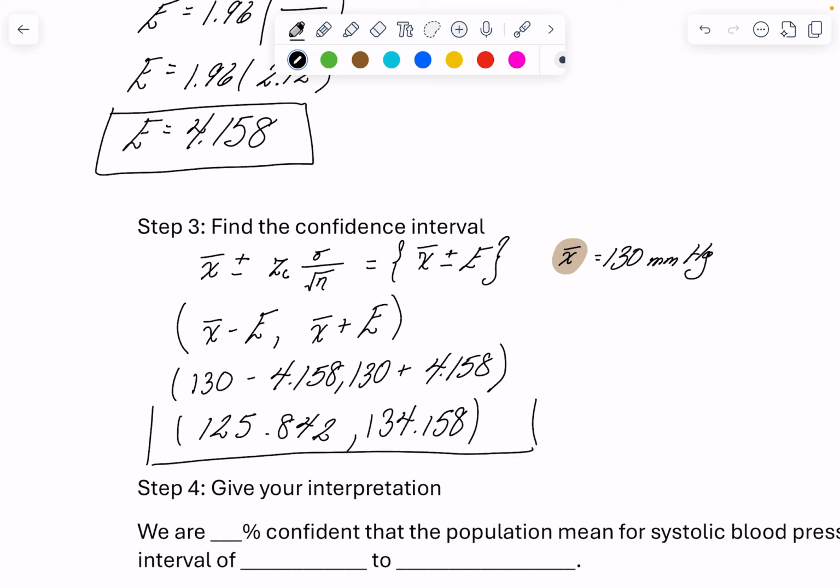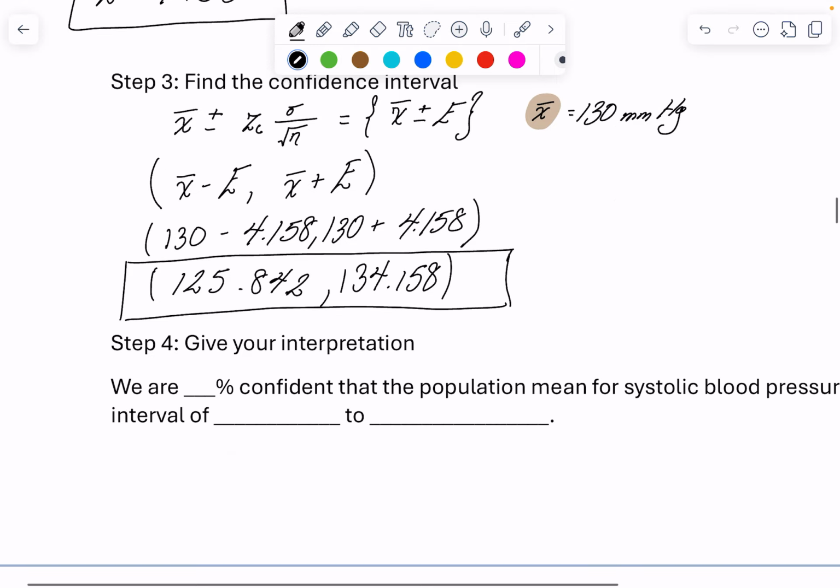Okay, so you'll oftentimes see a confidence interval written in the form of like a coordinate, and that is how we have it written out here. This is how you'll see it on your homework as well. Okay, that's our confidence interval, but we're not done yet.